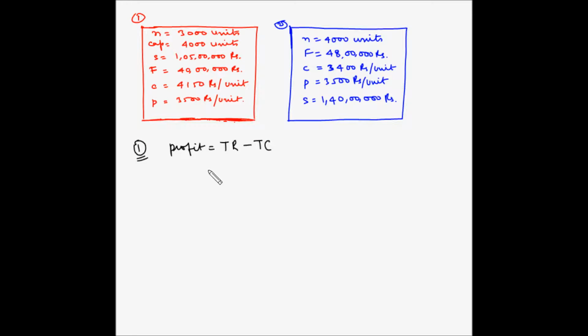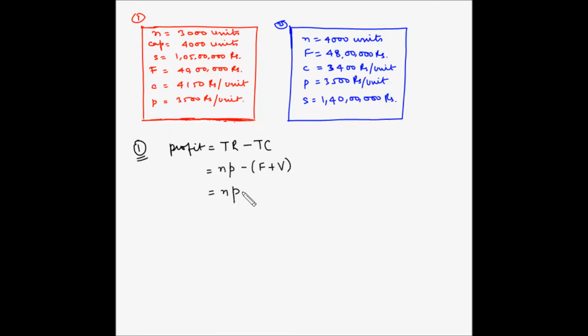So now the total revenue is equal to the number of units being manufactured multiplied by the selling price per unit, which is P. And the total cost is equal to the fixed cost plus the variable cost.